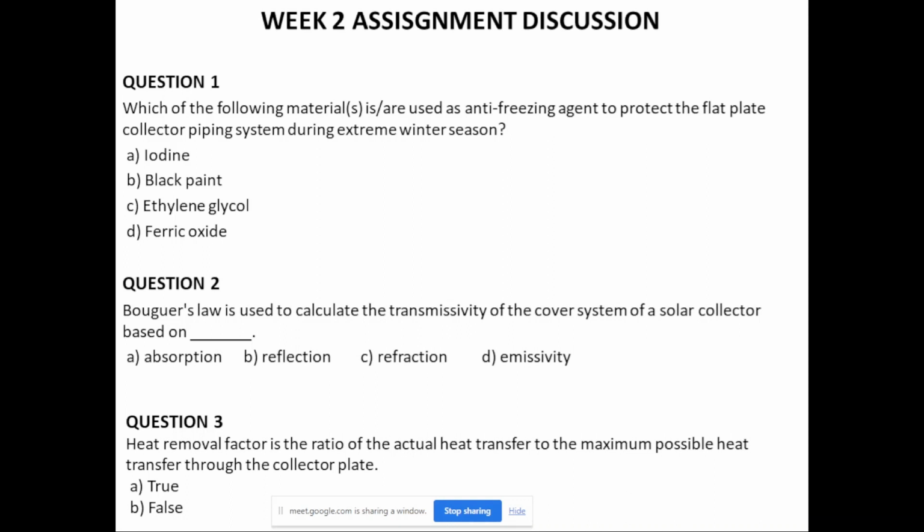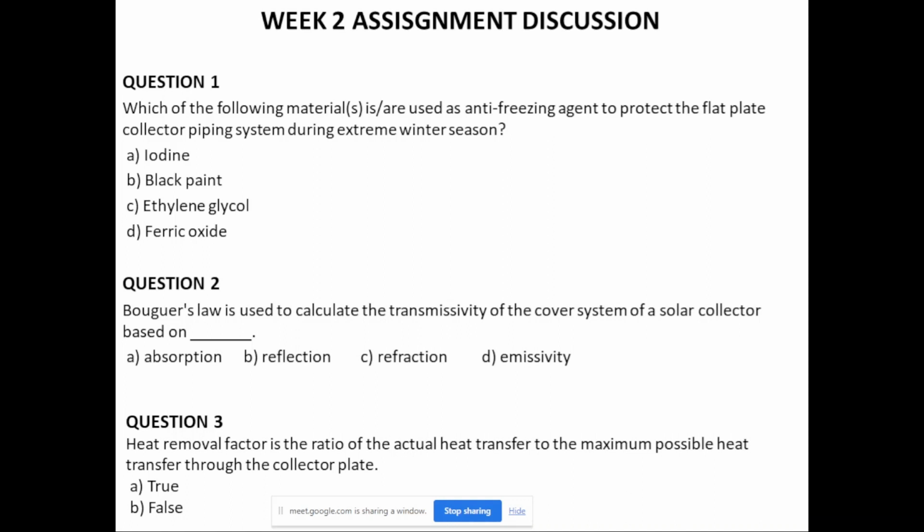That will prompt us to use another kind of separation system, where we have the ability to separate ethylene glycol and water. So adding ethylene glycol is maybe a wise decision for extreme winter season, but at the same time you also need to install a system where you can separate both. So the answer to this question is ethylene glycol.